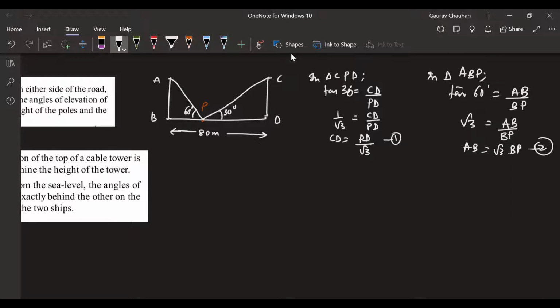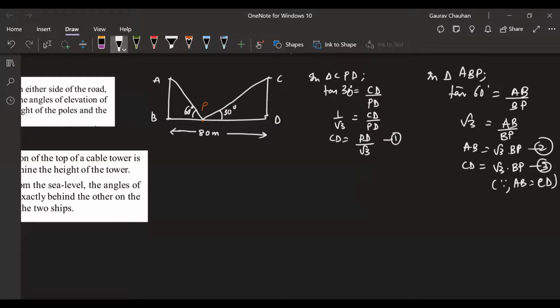From equations 1 and 2, CD and AB are also equal. So you can write this as CD is equal to root 3 BP, since AB is equal to CD.